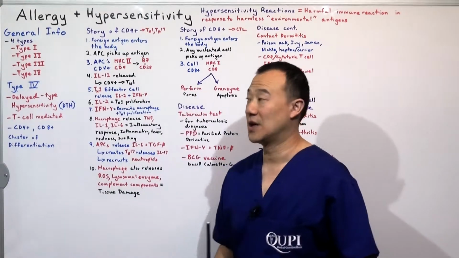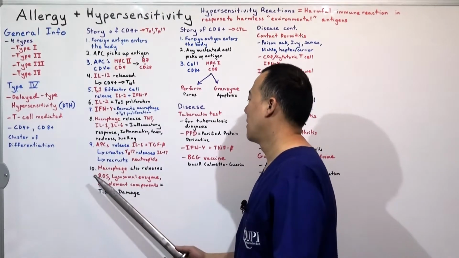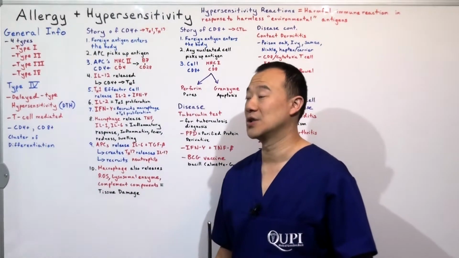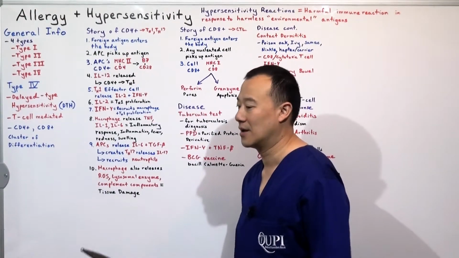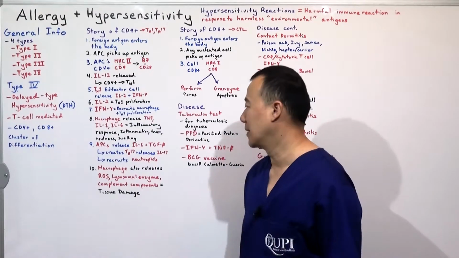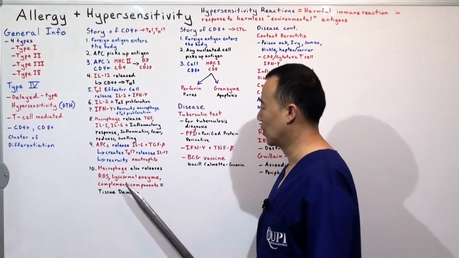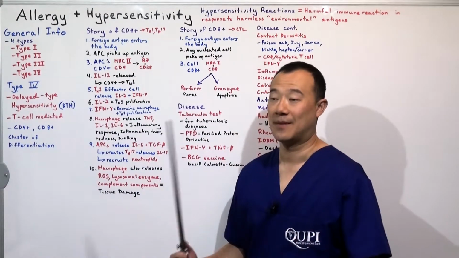Now don't get that confused, because they also release other stuff, which is down here. Macrophages also release ROS, reactive oxygen species, for killing bacteria usually, but it's also damaging to the tissue. Lysosomal enzymes and complement components, which all cause tissue damage.